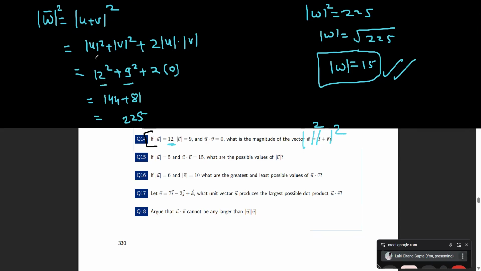All values are given in the question: 12 square, 9 square, and this is 0, which is given. Now I simplified. Just go through it once. Thank you.